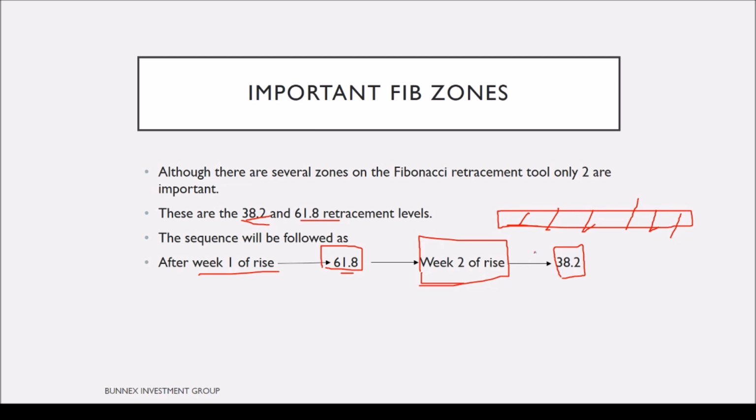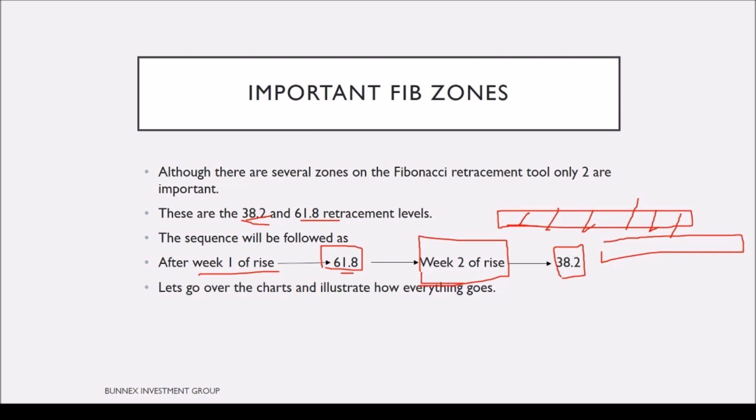Then apply the Fibonacci retracement tool. After that, we expect the market to come back to 38.2. After price reaches the 38.2 zone, that is where we start to look for entry opportunities.